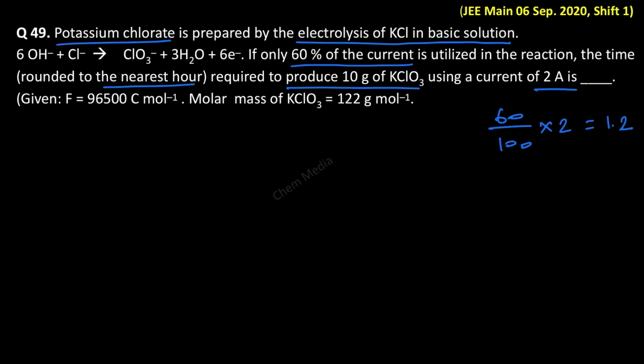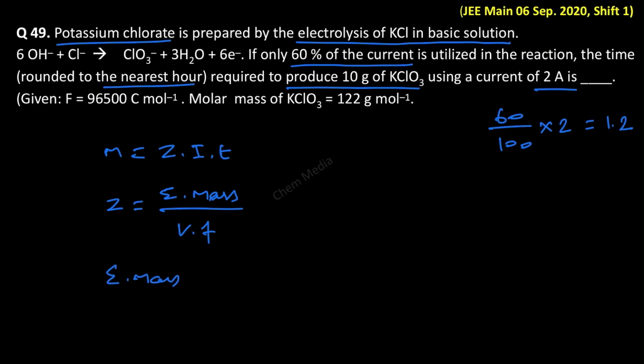And we know as per Faraday's first law of electrolysis that mass is equal to electrochemical equivalence times current times time, and Z is equal to equivalent mass divided by valency factor, and equivalent mass is equal to molar mass divided by Faraday constant, isn't it?